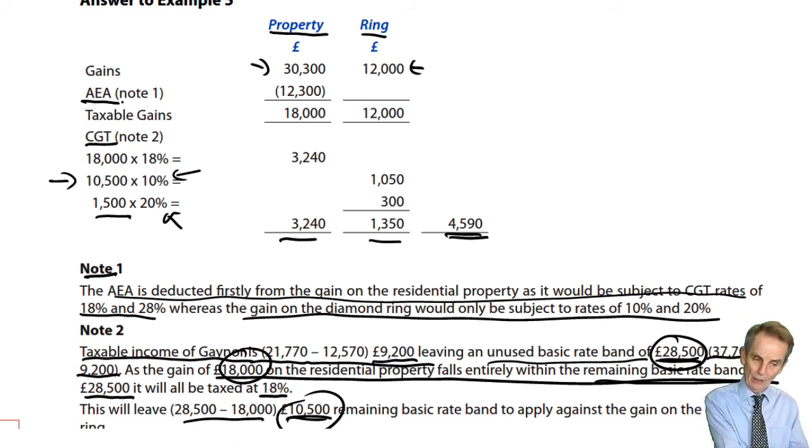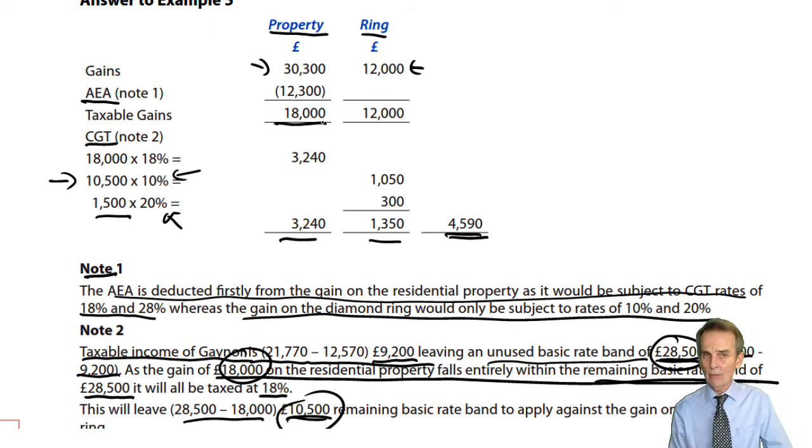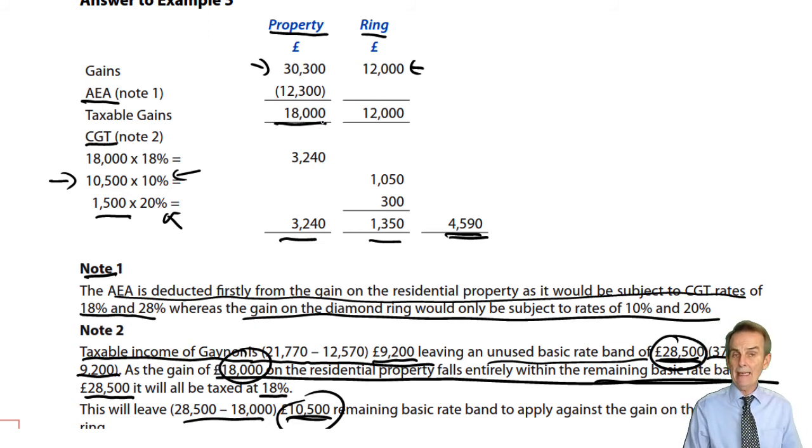What is residential property from what are other assets there. But then we've taxed the 18,000 remaining taxable gain on the property first, and then put the remainder of the basic rate band still remaining, and the little bit into higher rate, we allocated to the ring and got those two calculations there.